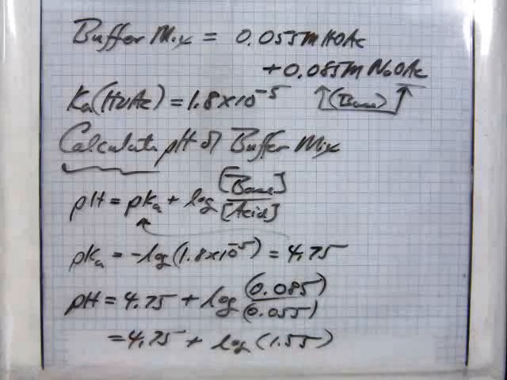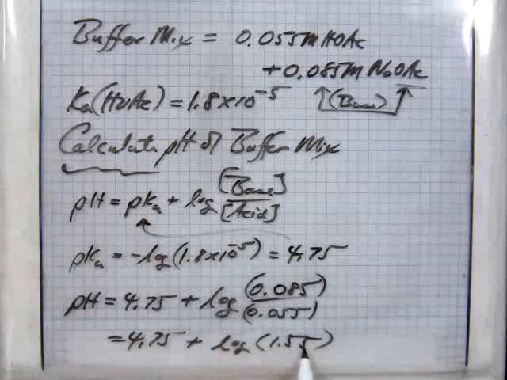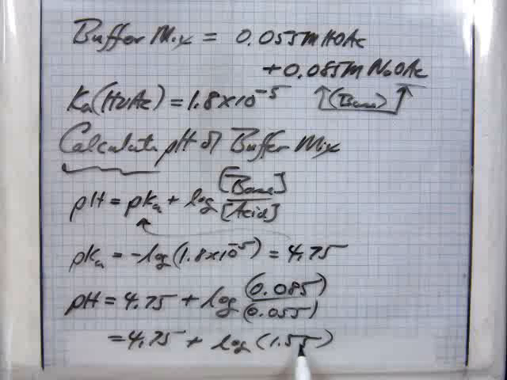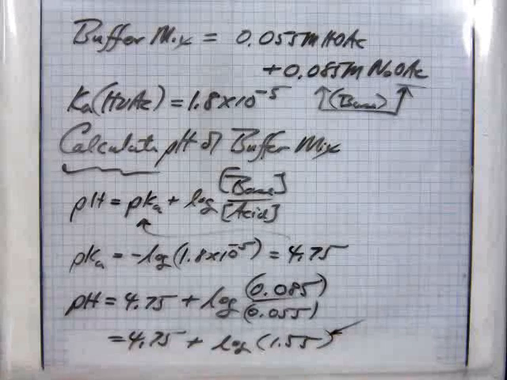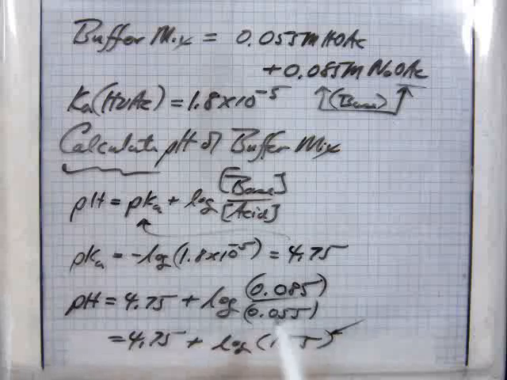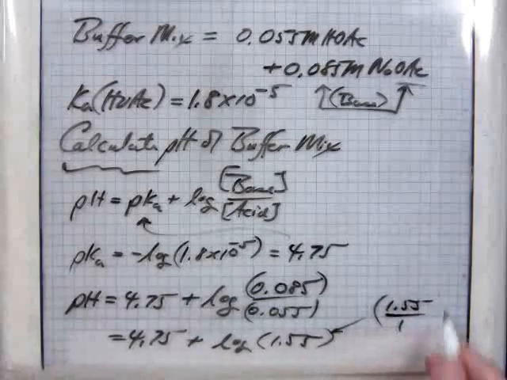Like that. Now, there's another meaning in here, 1.55. When you look at this, this means that the base concentration is 1.55 times greater than the acid concentration. Or it also means 1.55 over 1.